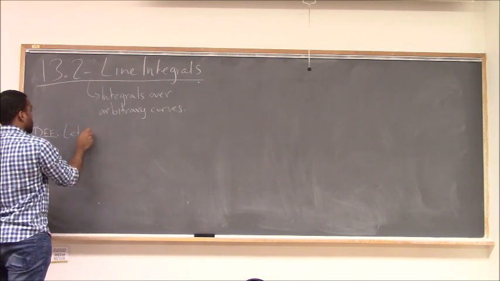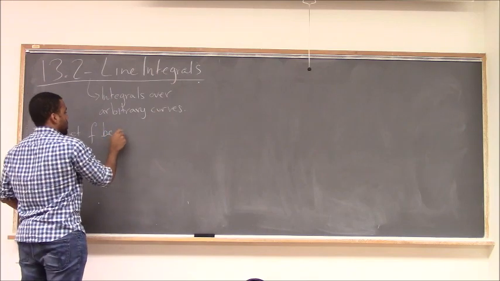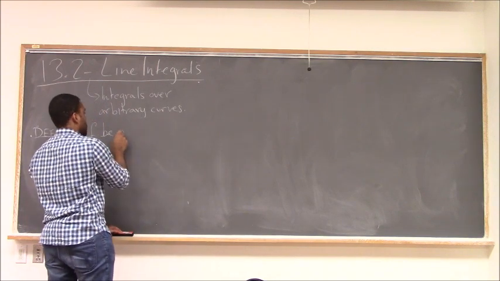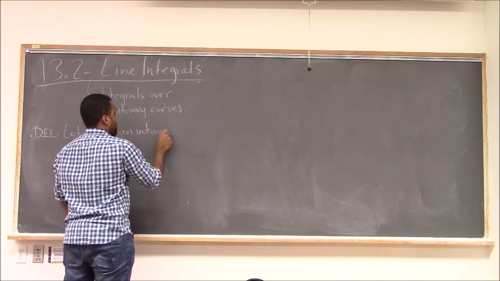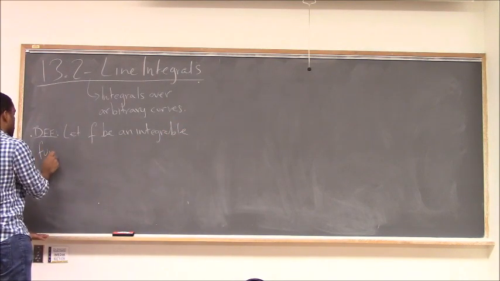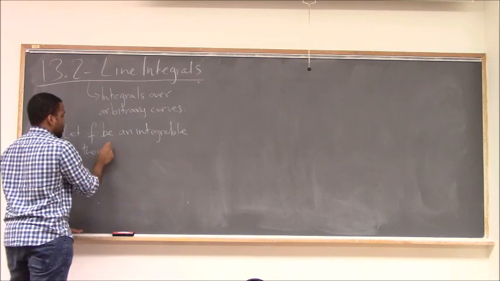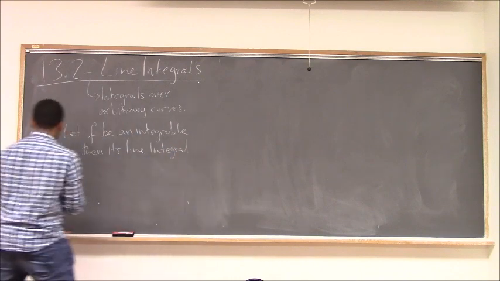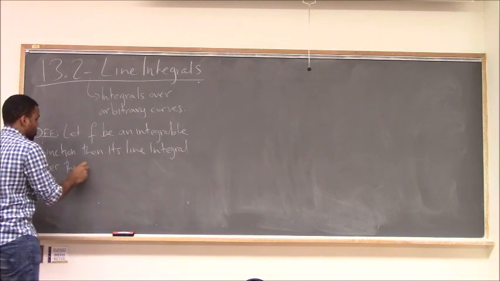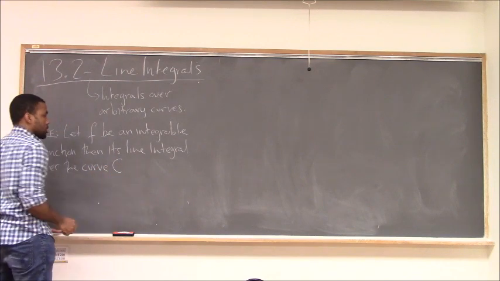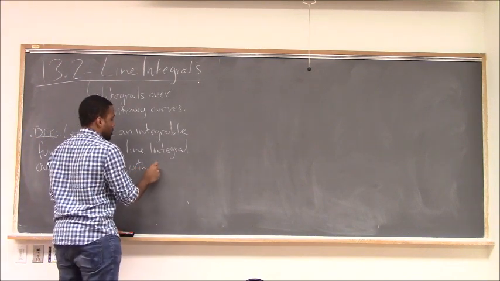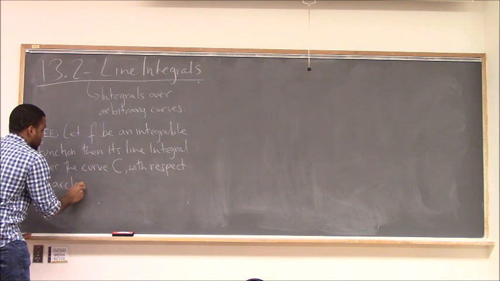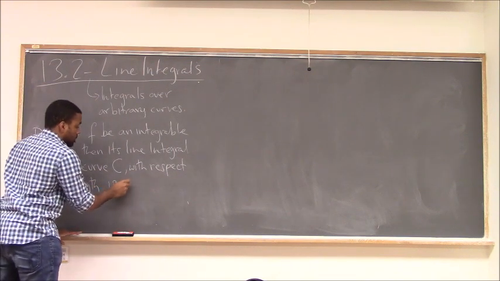So let f be a function, then its line integral over the curve, which I'm calling C, with respect to arc length, is given by.